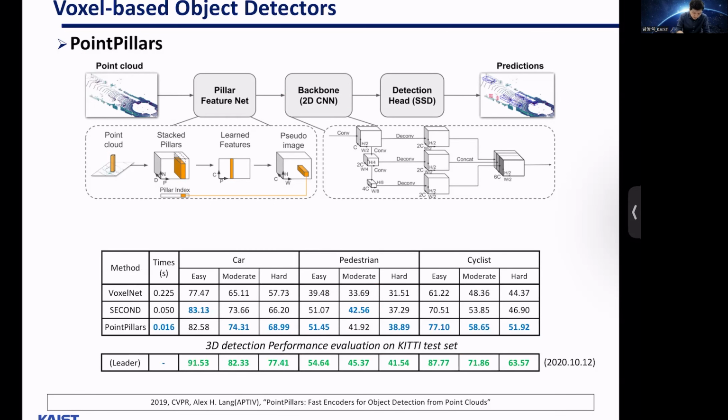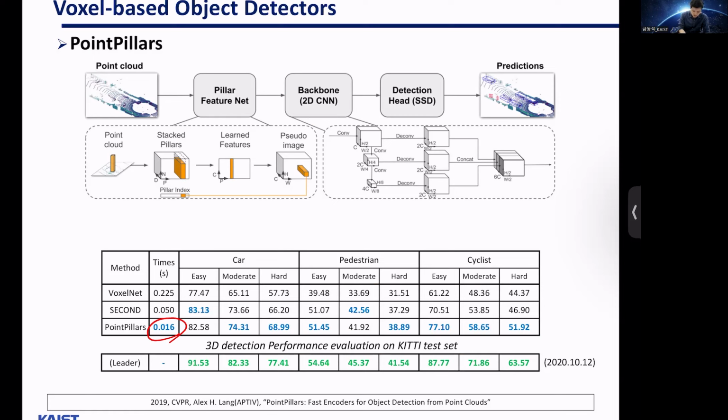And then if you look at the computational time, that substantially reduced speed further from 0.05 to 0.016. But in terms of performance, sometimes they improved, sometimes not.